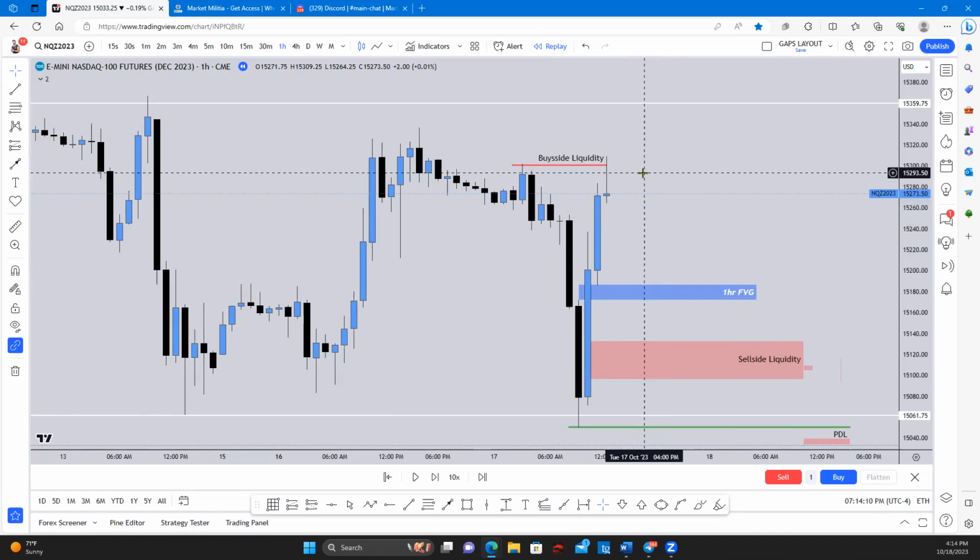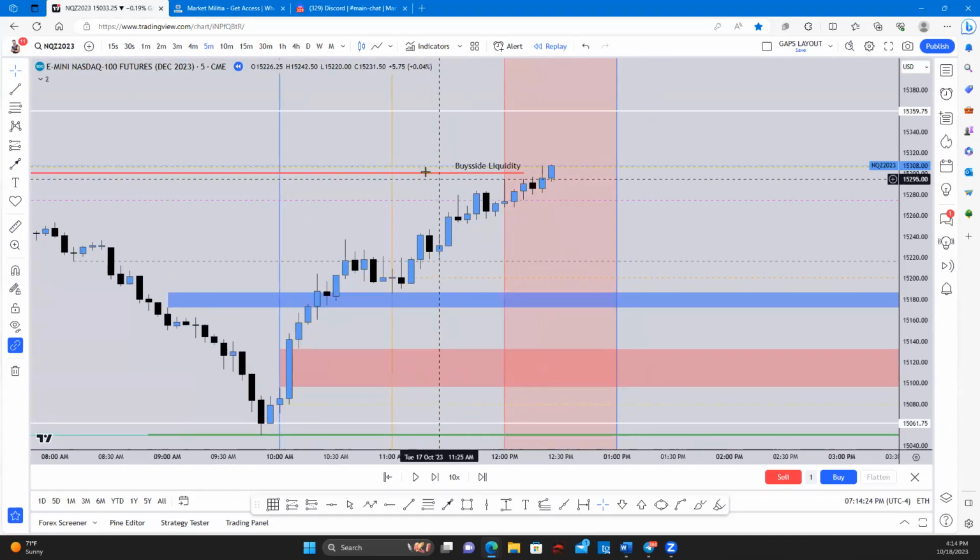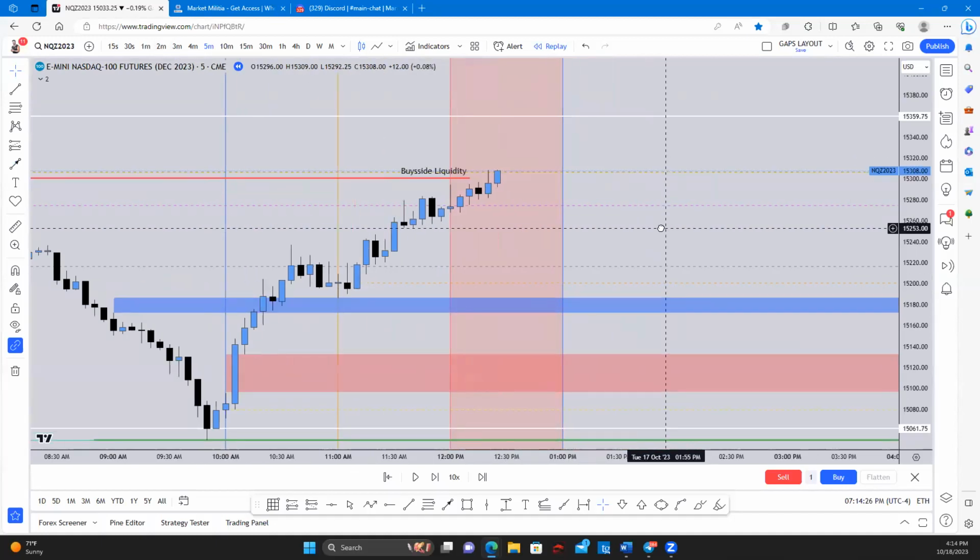So we're going to be looking if there's going to be any opportunities for us to short from this liquidity after this liquidity sweep on the smaller time frame here down. Okay.